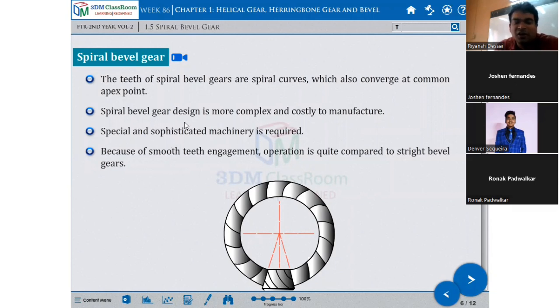Spiral bevel gear design is more complex and costly to manufacture. So these gears and their profile are very costly. Special and sophisticated machinery is required because of the tooth tip engagement. The operation is quiet compared to straight bevel gears.